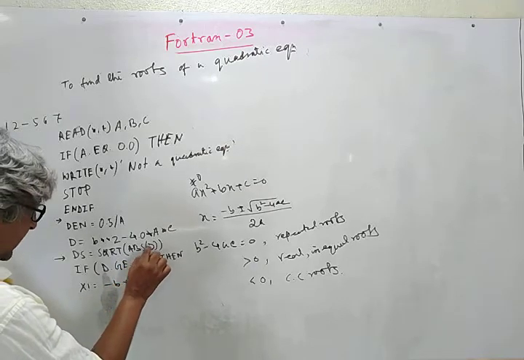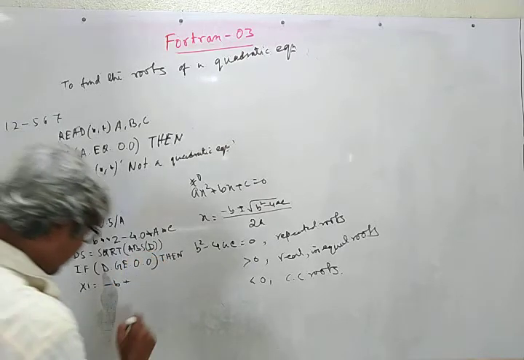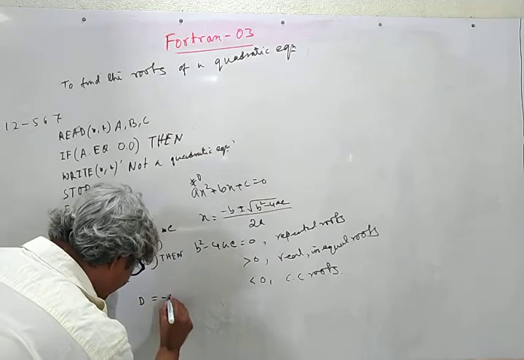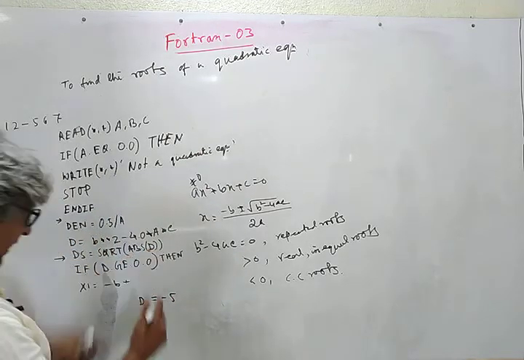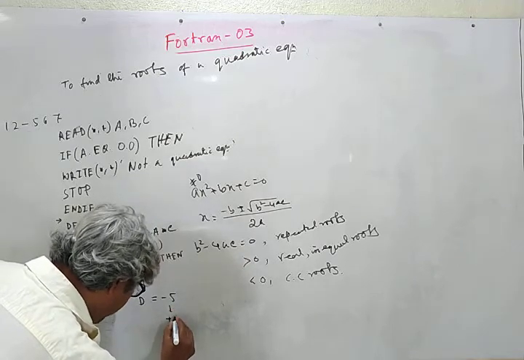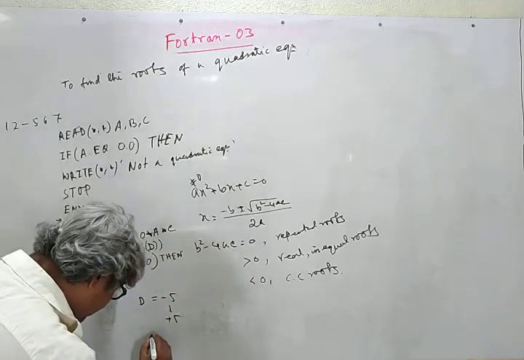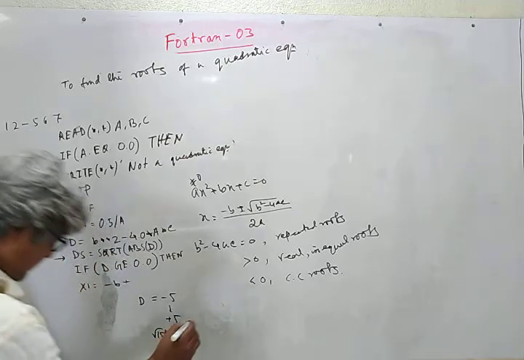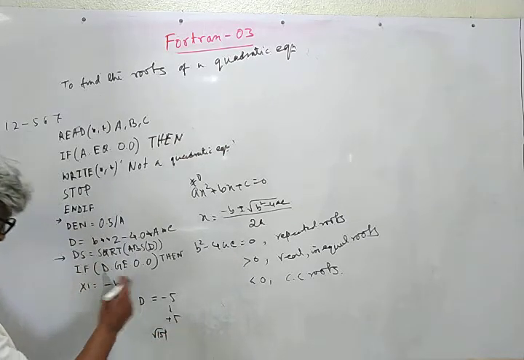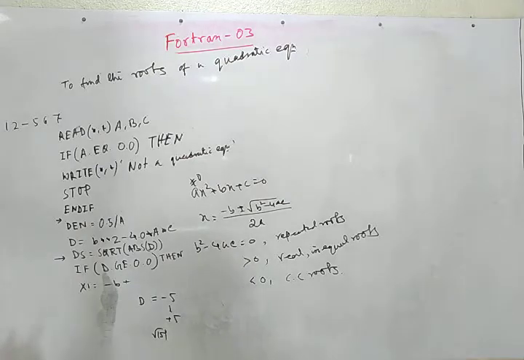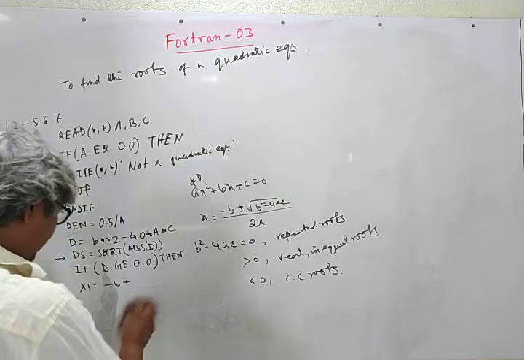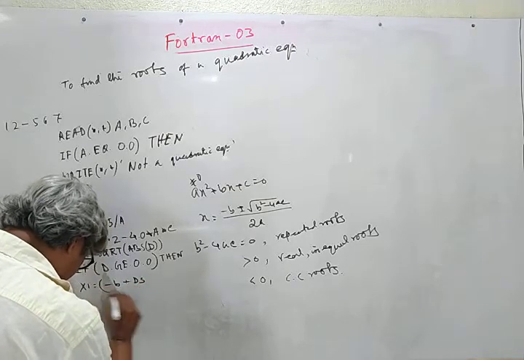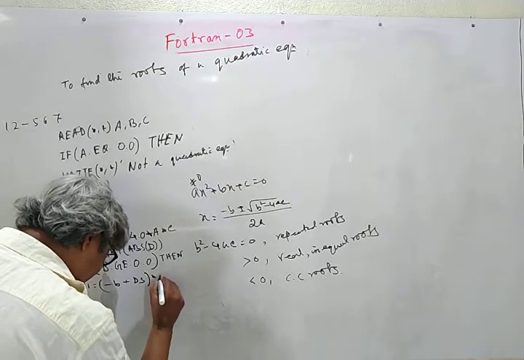So first, say d is equal to minus 5, then the absolute value of d converts it into plus 5, and then it calculates the square root of 5. So we write it as minus b plus ds into den.